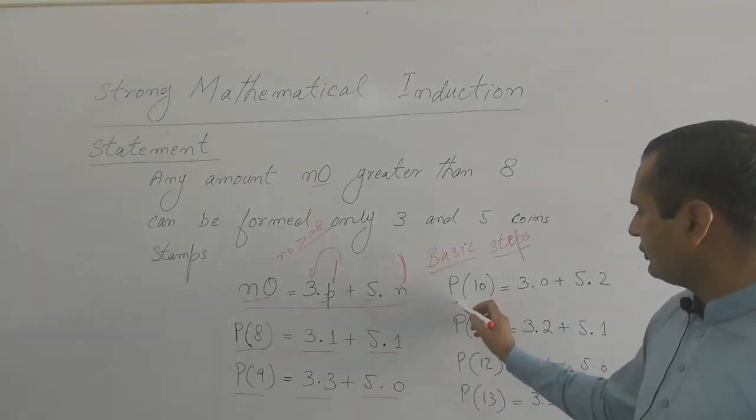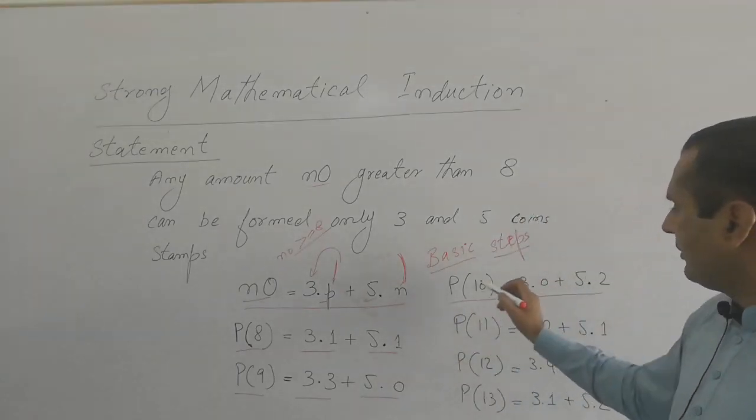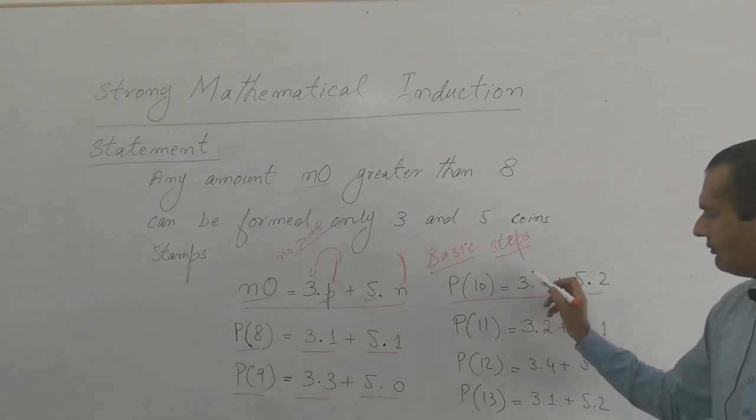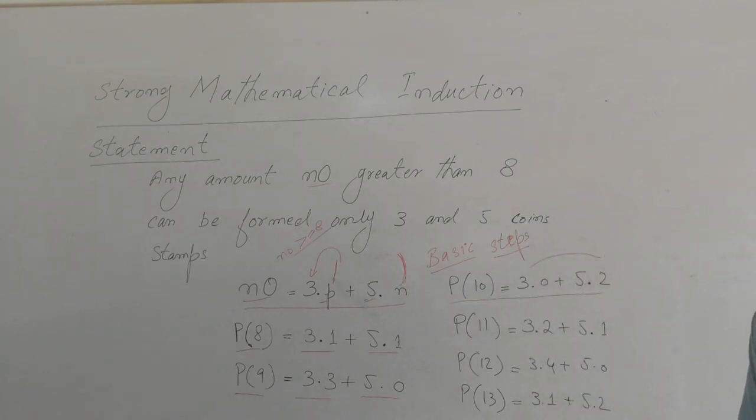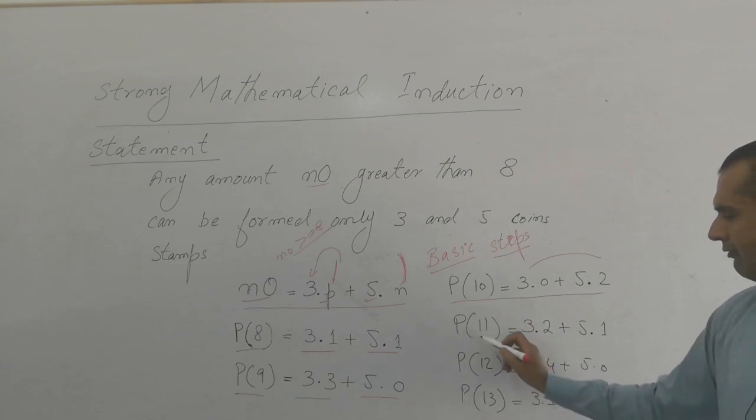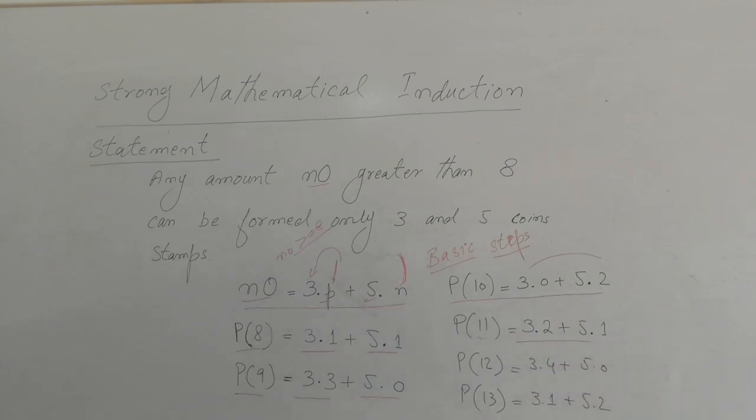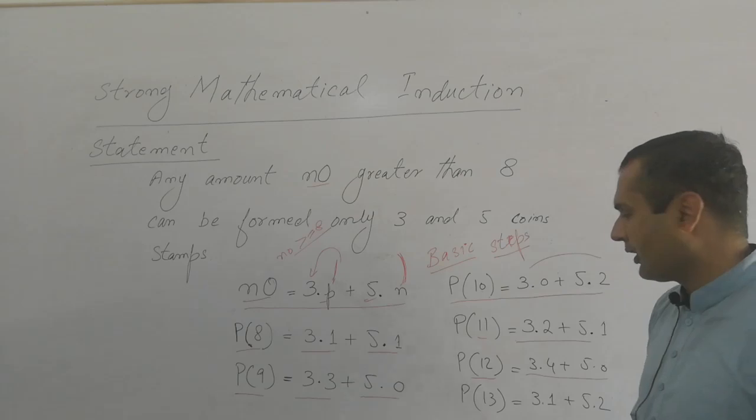And so on and so forth. With an amount of 10 we have this combination of coins, with an amount of 11 we have this combination of coins, and with an amount of 12 we have this arrangement of coins.